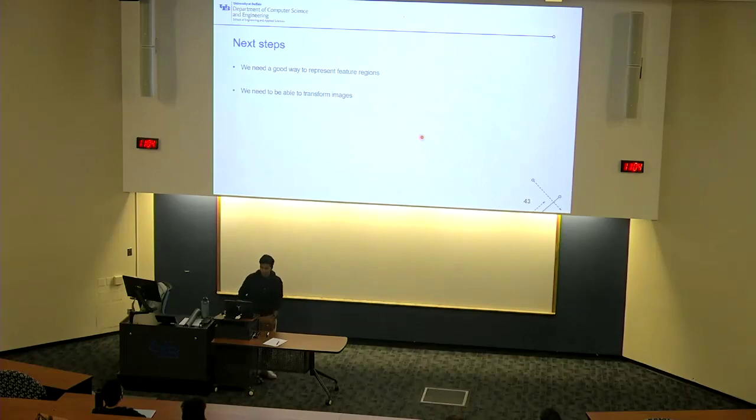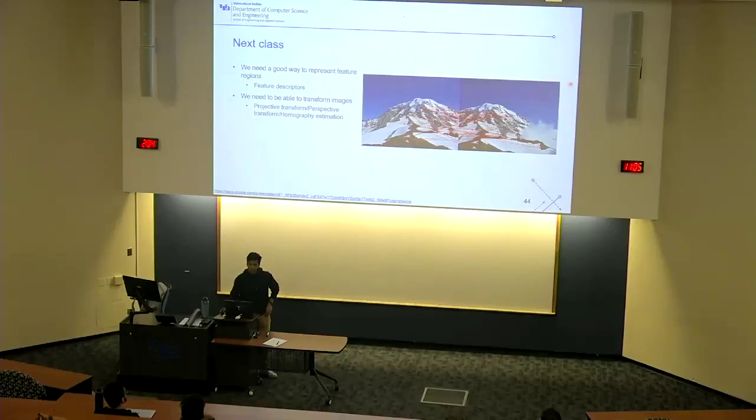We need a good way to represent feature regions, and we also need to be able to transform the images once we identify what the difference is between the two halves of the image that we're trying to stitch. I'll be going over that next class, which is how to represent feature regions and how to identify pairs that match.